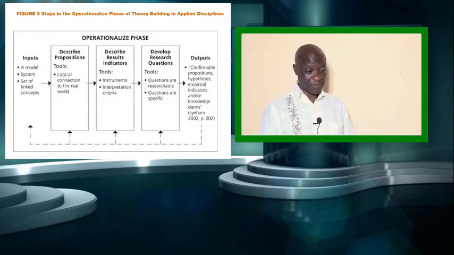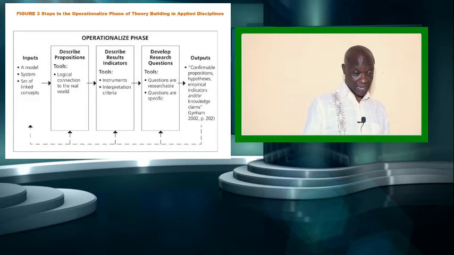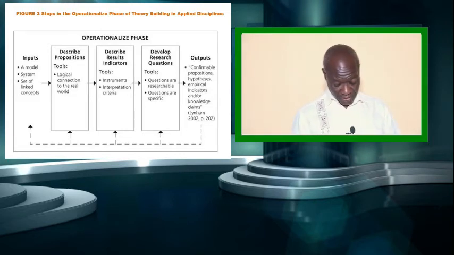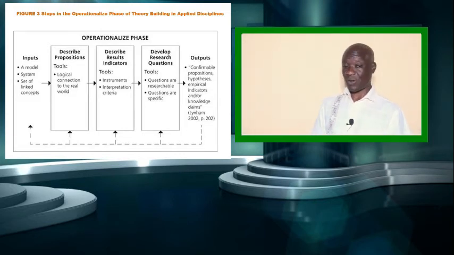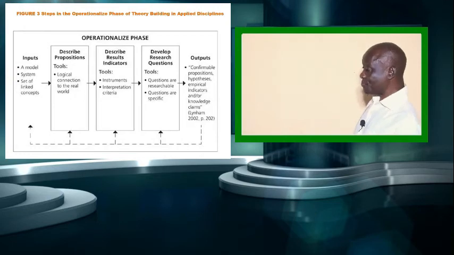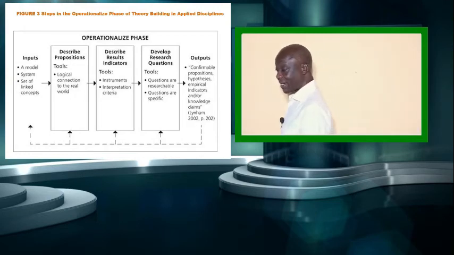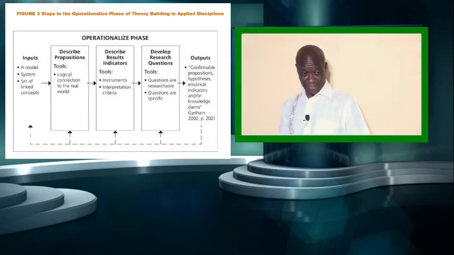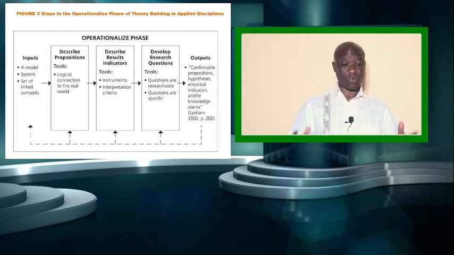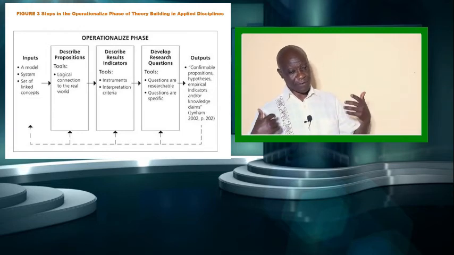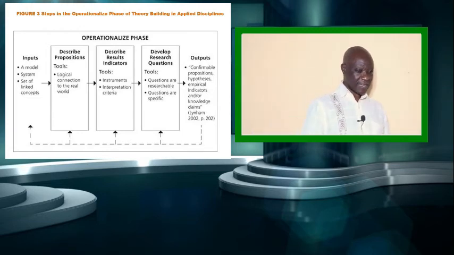And I will say there have been no published criteria for assessing operationalization efforts, and scholars have not made clear what successful or well-done operationalization looks like, ladies and gentlemen. However, some indicators have been proposed by some scholars as logical and useful for judging progress in this phase.